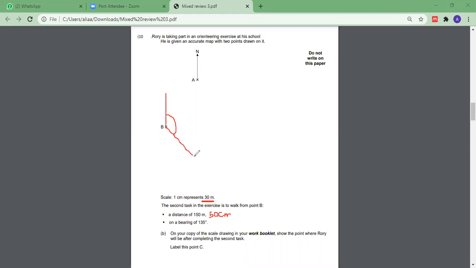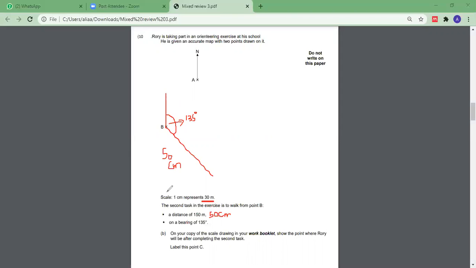And then I will draw the line, which will be 50 centimeters. This angle must be 135 degrees. Okay, this is my first bearing.